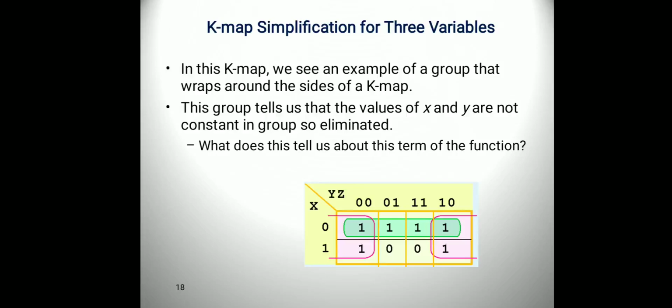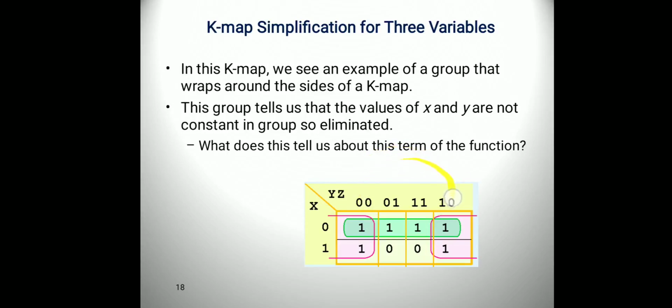Means for this group, the equation is x complement. And for the first column and the last column, in a row the x value changes from 0 to 1, and in both columns z is 0 only.